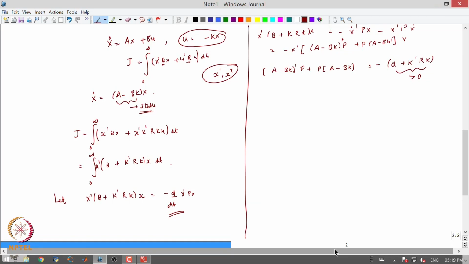Okay. Now, what is to be found out here while minimizing the cost function is, does there exist a P which satisfies the solution given a certain optimal K. Now, how to evaluate P, or what is the appropriate input?